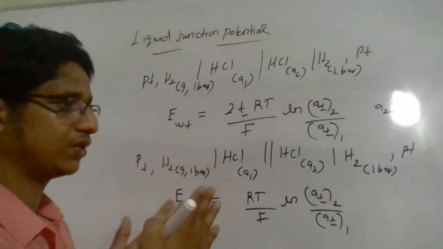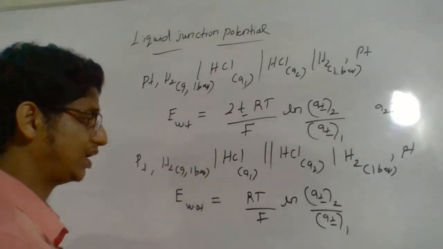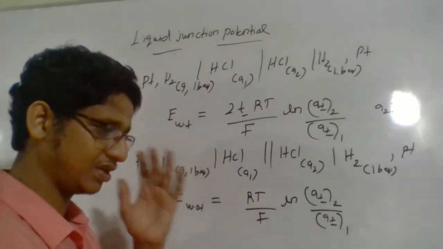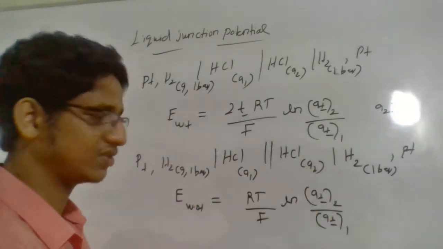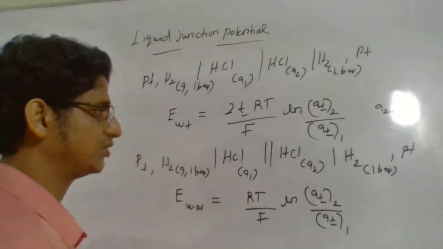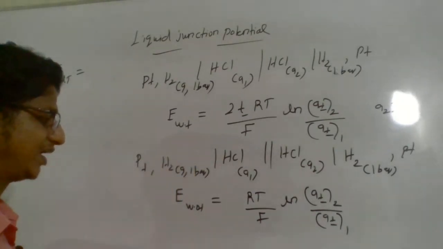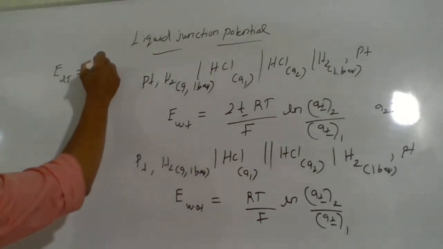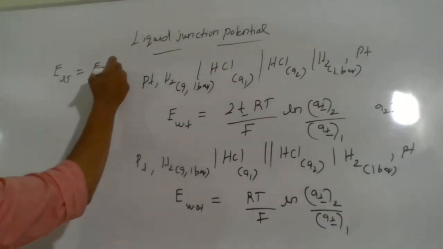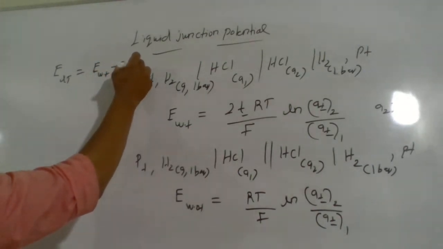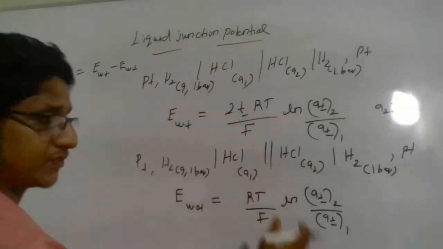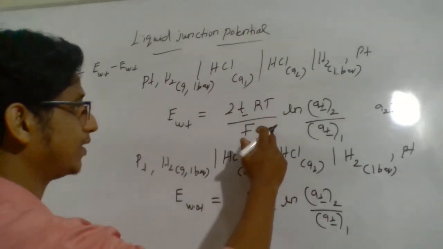Here ions are allowed to travel with transference, and there ions are not allowed to travel since direct contact is not there. So the liquid junction potential will be E with transference minus E without transference. Just subtract them.